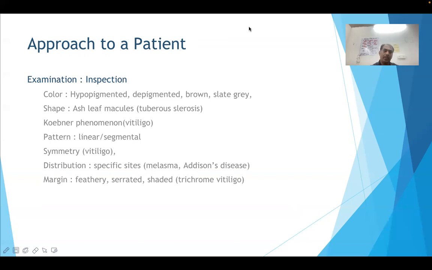After the history has been taken, then comes the examination, of which inspection is the most important and the foremost. There are so many things that should be taken into consideration. The color, whether it is hypopigmented, depigmented, brown or slate gray, what's the shape, what are the margins, whether the margin is serrated or scalloped, whether it is symmetrical, whether there is an appearance along the line of trauma, that is known as the Koebner phenomenon.